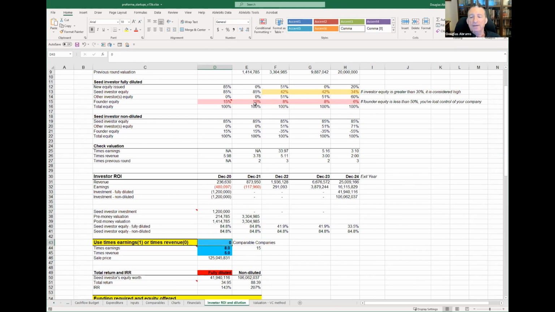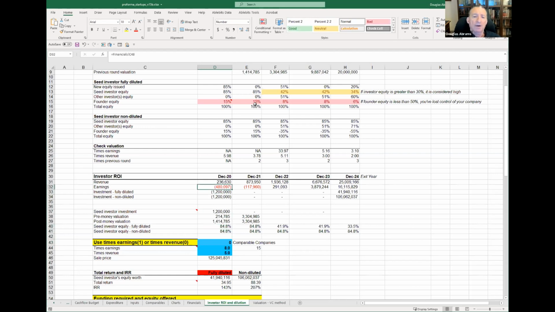Times earnings means that we will estimate the exit valuation as a multiple of the company's earnings in the exit year. The times revenue input means that we will estimate the exit valuation as a multiple of the company's revenue in the exit year.